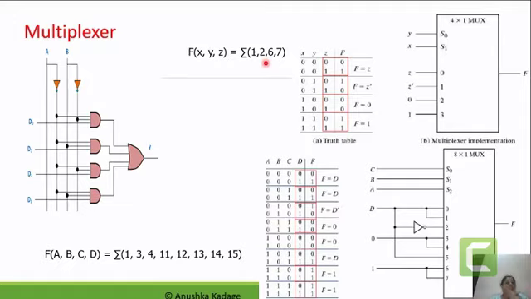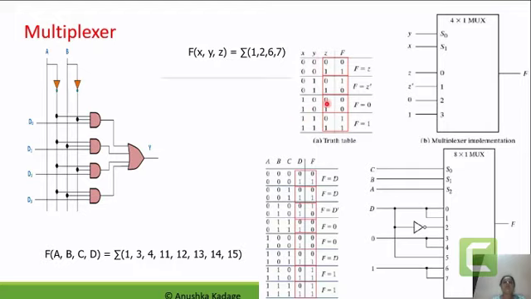Whenever such a min term representation is given for implementation, the first step is always writing the truth table. Here for this function we have three variables, so corresponding to the three input variables, we are going to note down 8 input combinations.